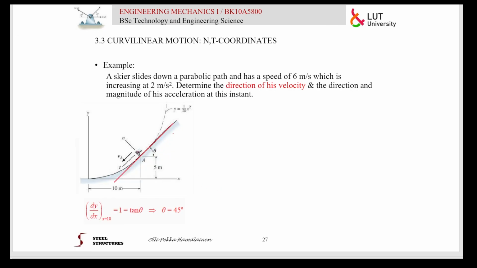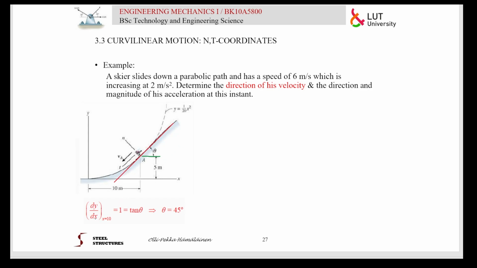And this tangent forms an angle theta with the x-axis, which follows the convention we have been using before. So one of the first questions that you would naturally ask is, okay, what's the value of this angle here between the horizontal axis and the tangent? Because if I know the tangent, I would definitely know the direction of the velocity, because the velocity is always aligned with the tangent at that moment.